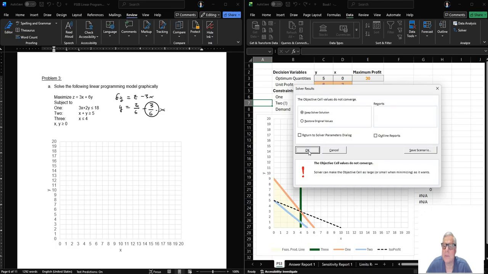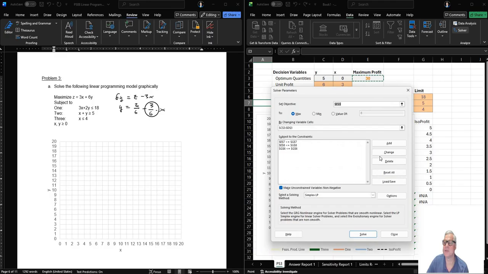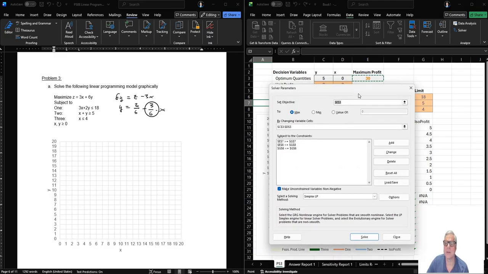Okay, so now we got an error message and that doesn't look right. So I probably clicked something wrong in the constraint. So E3, let me just delete the constraints again.